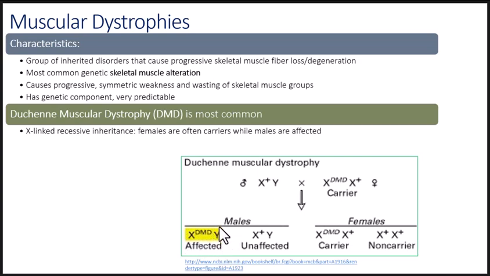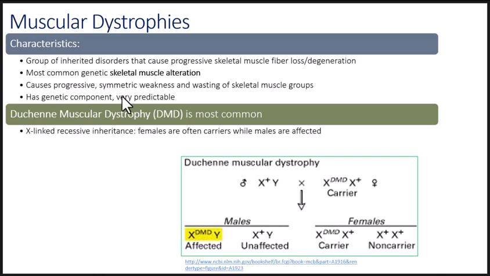Because they don't have the Y to protect, this is going to dominate and this male will be affected. The other circumstance is that the child could not inherit the affected gene, as you can see here. So that's why females are more often carriers, while males are affected when it comes to sex-linked or X-linked recessive inheritance.